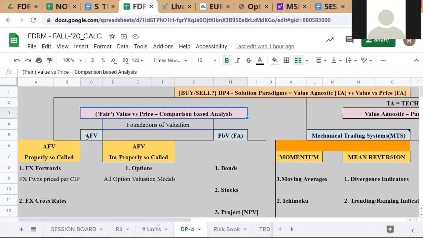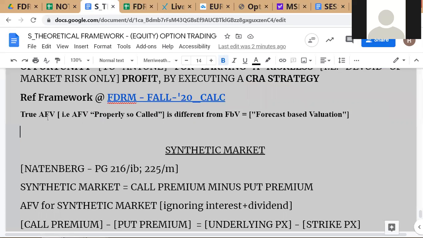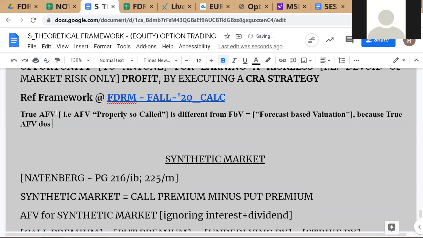But even within fair value, there is a classification, AFV versus FPV. And what is that? The true AFV is different from FPV, forecast based valuation, because true AFV does not rely on any forecasts.